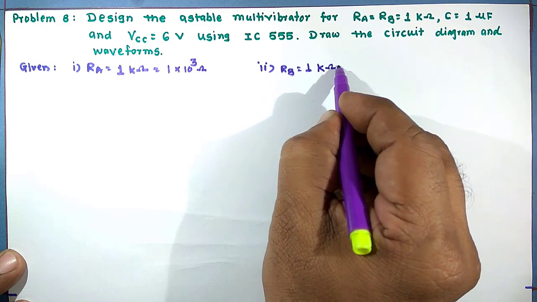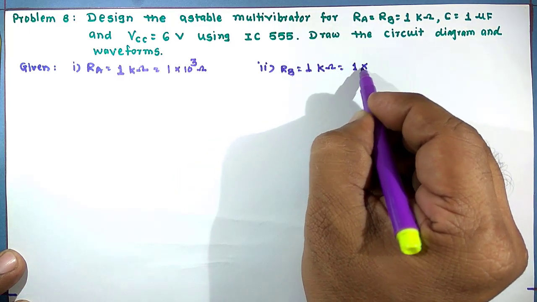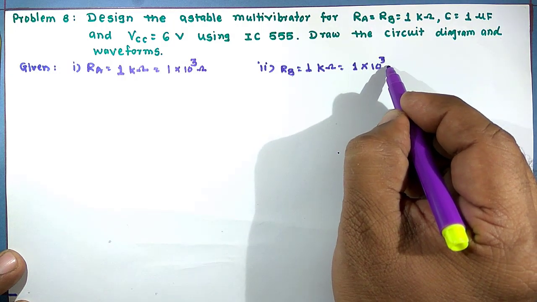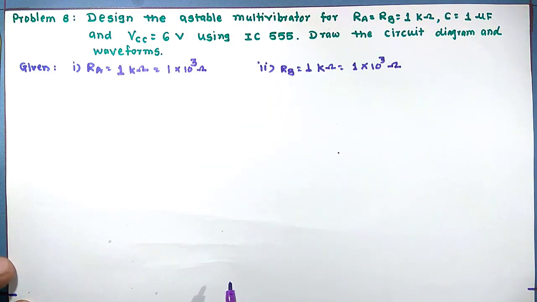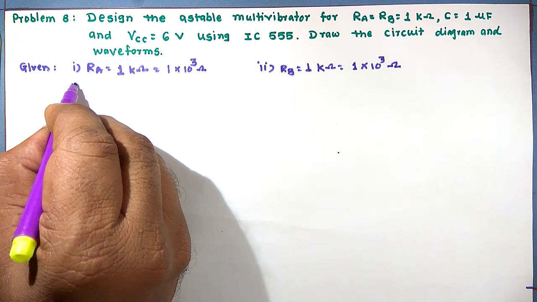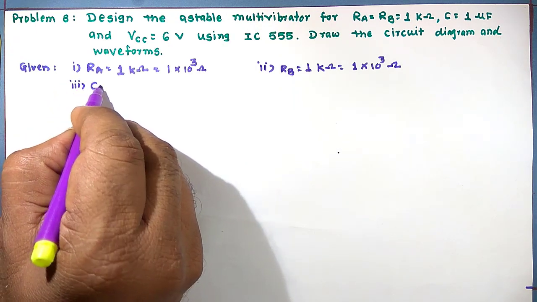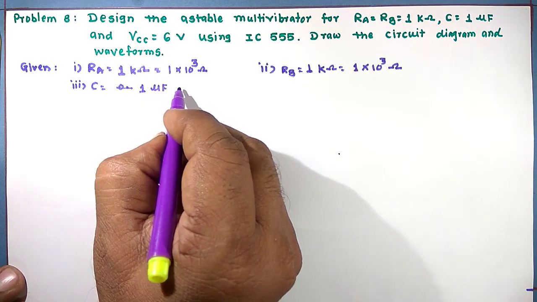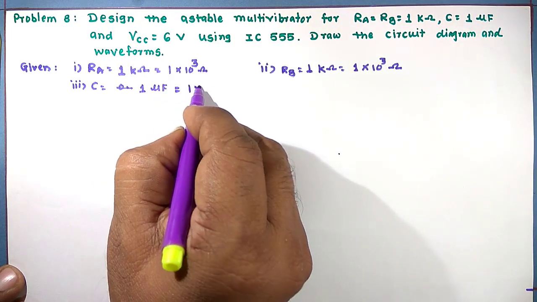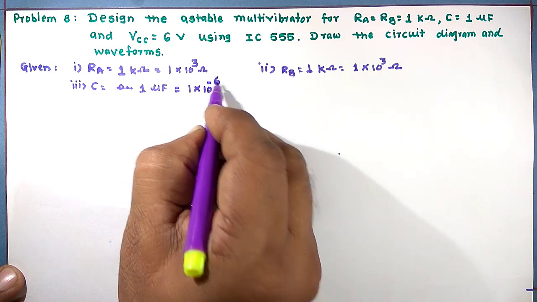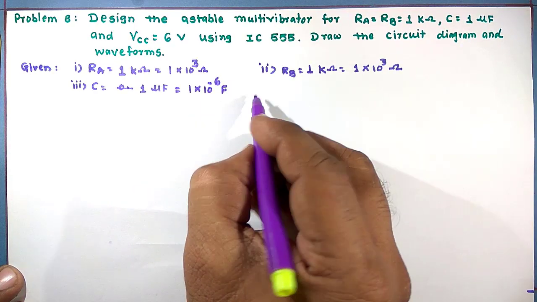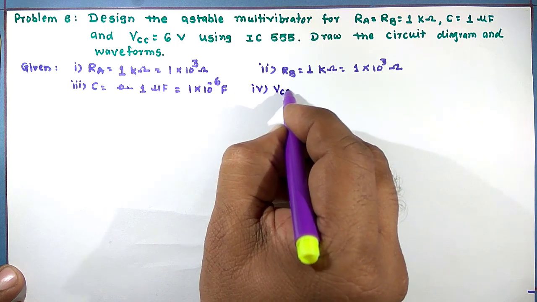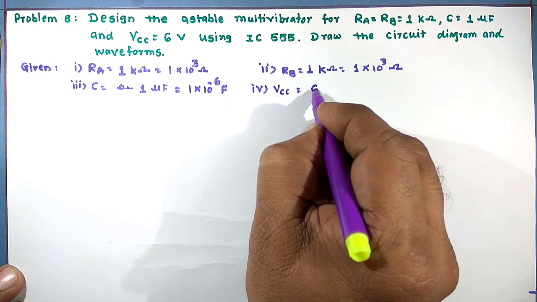So it is equal to 1 into 10 raised to 3 ohm. Similarly, C is given, C is equal to 1 microfarad. So C is equal to 1 into 10 raised to minus 6 farad. And VCC is given, VCC is equal to 6 volt.